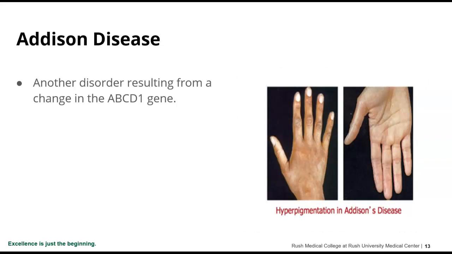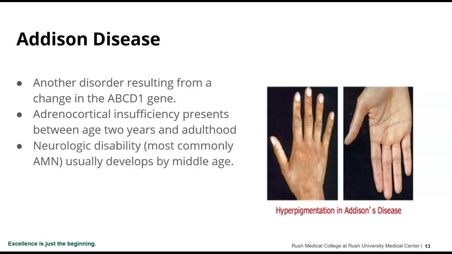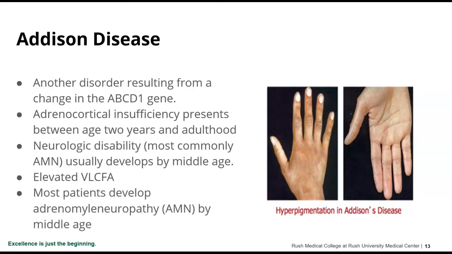This is probably the mildest form of a mutation of the ABCD1 gene. The adrenocortical insufficiency presents between 2 years and adulthood. A neurologic disability usually develops in middle age, and there's elevation of very long chain fatty acids. And one of the key characteristics is this hyperpigmentation here.